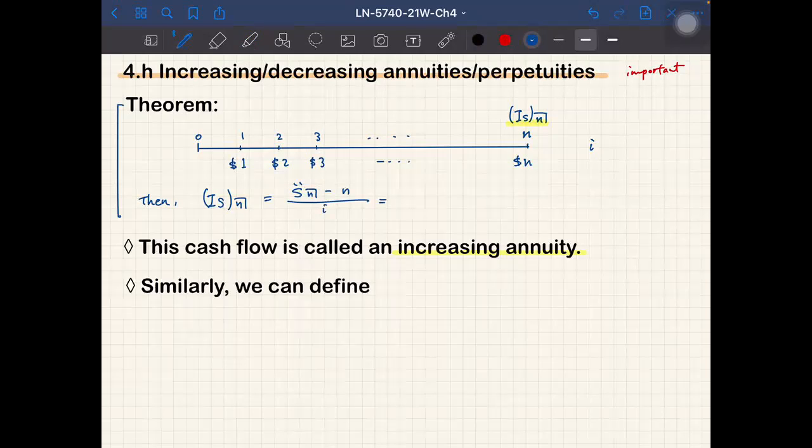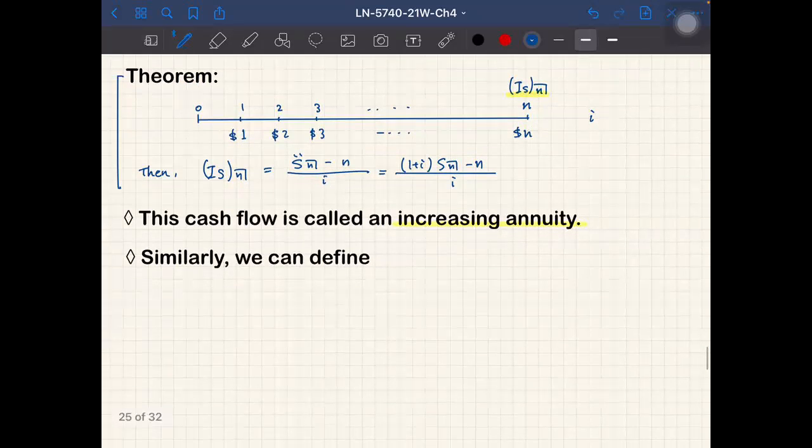That is also equal to (1 plus i) times s‾n minus n over i, because double dot basically accumulates 1 year of interest. So that is 1 plus i times s‾n.